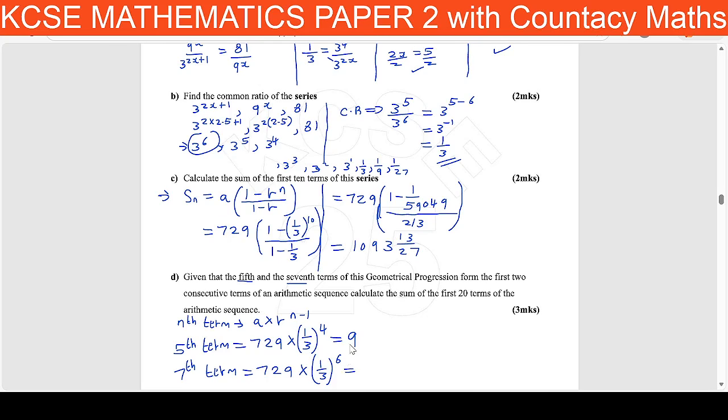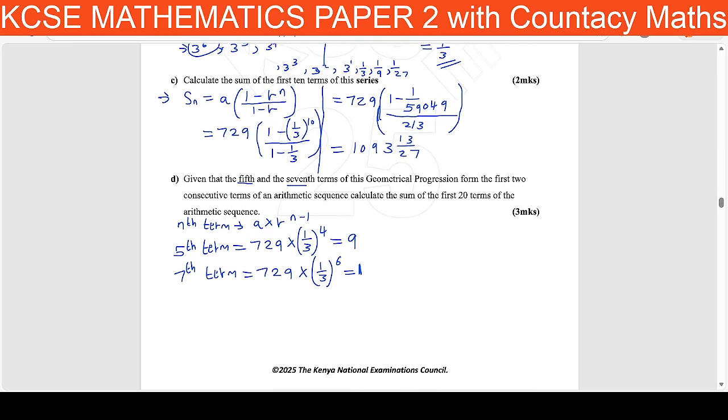So, using your calculator, you can do 1 over 3 to power 6. You see, this is like 1 over 729 because 3 to power 6 is 729. So 729 multiplied by 1 over 729 is going to give you a 1.